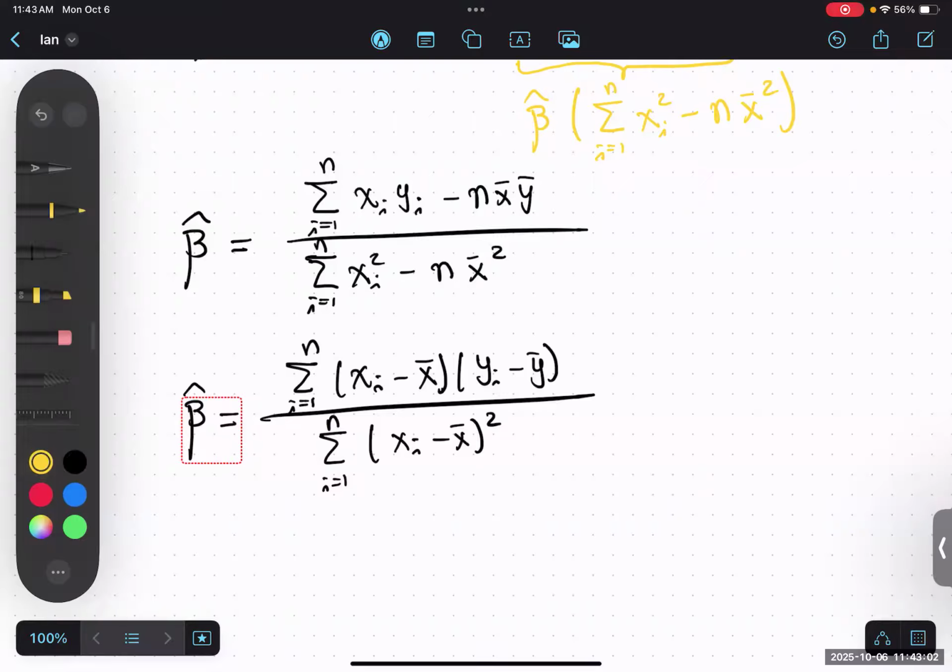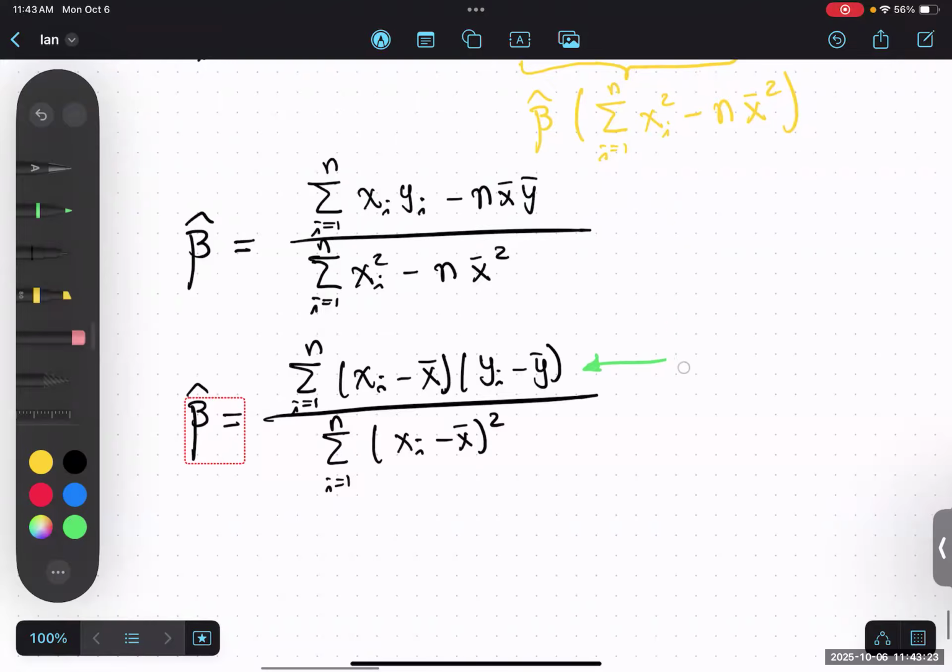If you don't believe me, my suggestion is that you distribute the product here in the numerator, simplify, and you will find the same expression that we have in the numerator from the previous equation. You should find it, but the trick is to start with this one, right? Same for the denominator.